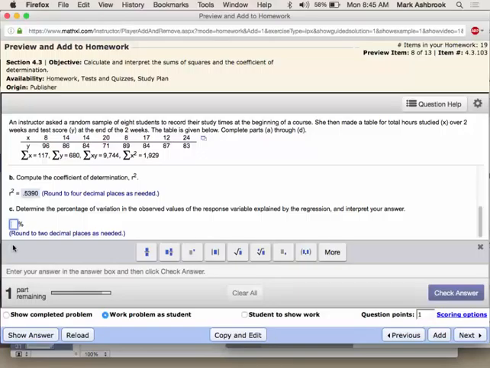They're saying 53.9. That's it. 53.9% of the deviation is due to the regression from the mean. And the rest, 46.1%, is due to error, right? 46.1% of the deviation is due to the error from the observed values to the regression.